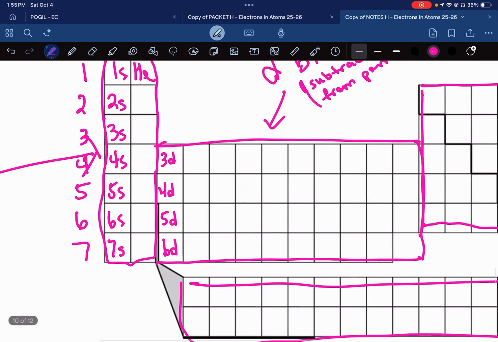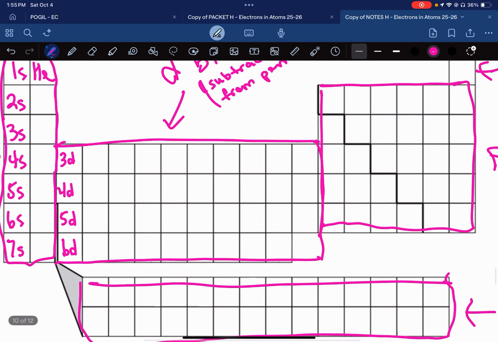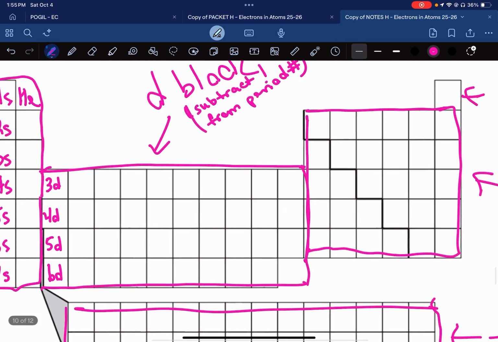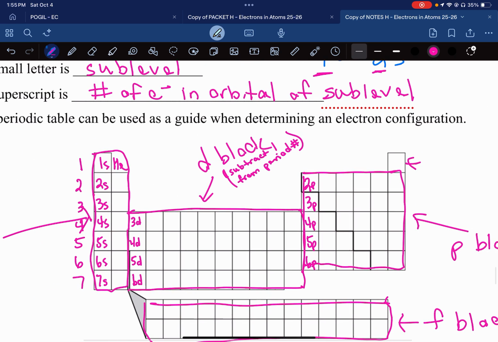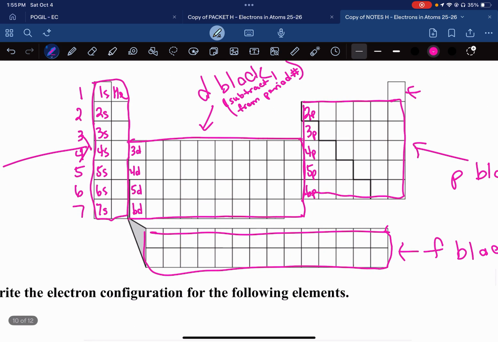Now I'm moving over to our P block, and so this would be our 2p, 3p, 4p, 5p, 6p. And then as we move down to this F block, remember, this is period 6 and this is period 7, because these inner transition metals are kind of sandwiched in between.